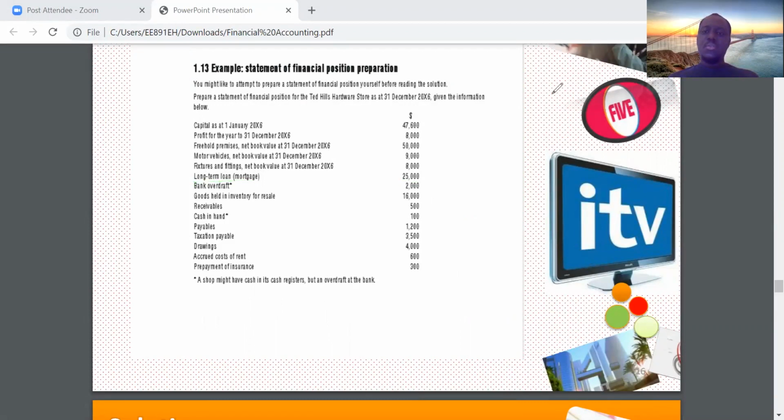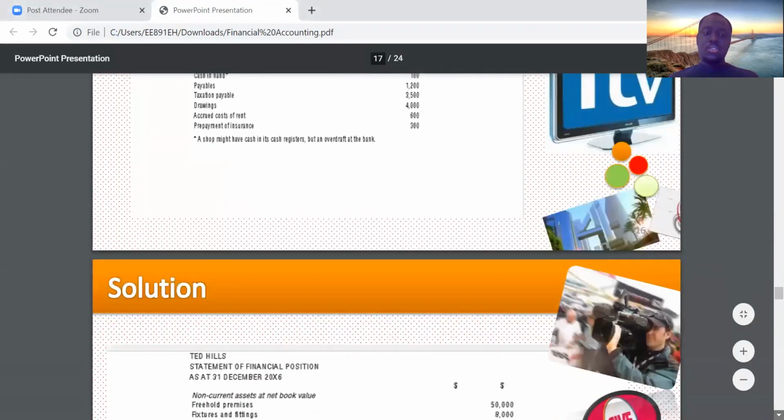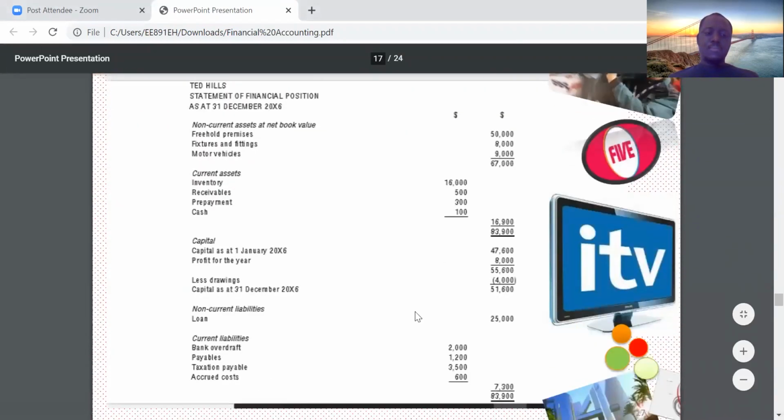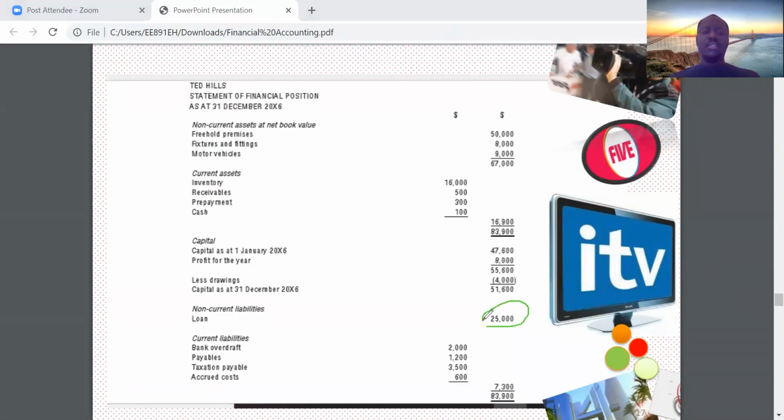If you go back to the solution, you should see 25,000. See, it's right here. Nice. So it's shaping up very nicely.